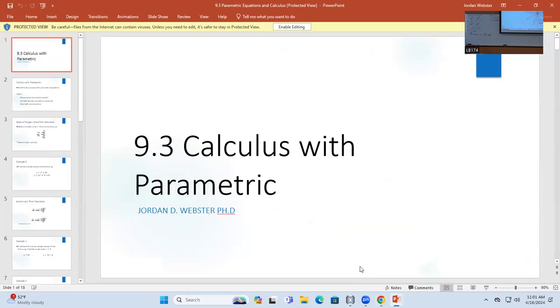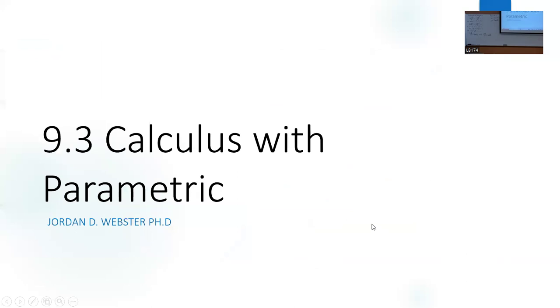And because we can get these interesting graphs, and because sometimes the equations are nicer to deal with in parametric form than they are in rectangular form, sometimes it's going to be nicer to deal with some calculus topics with the parametric rather than with the rectangular.